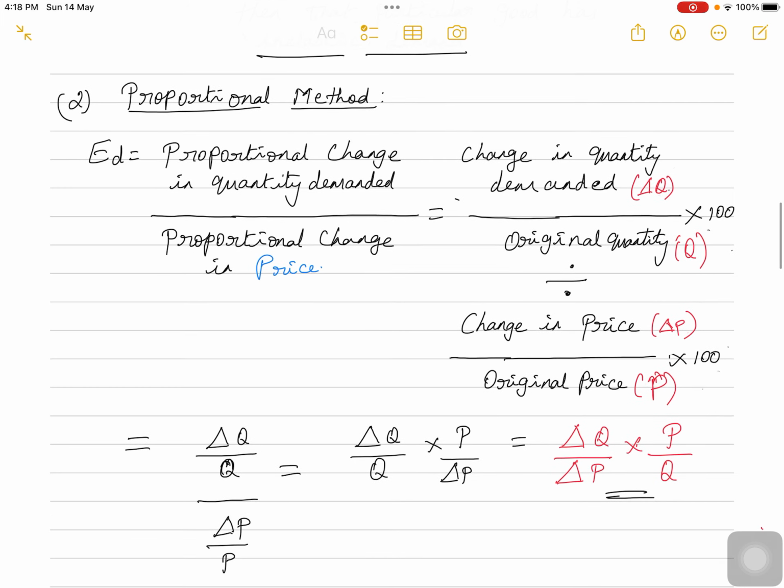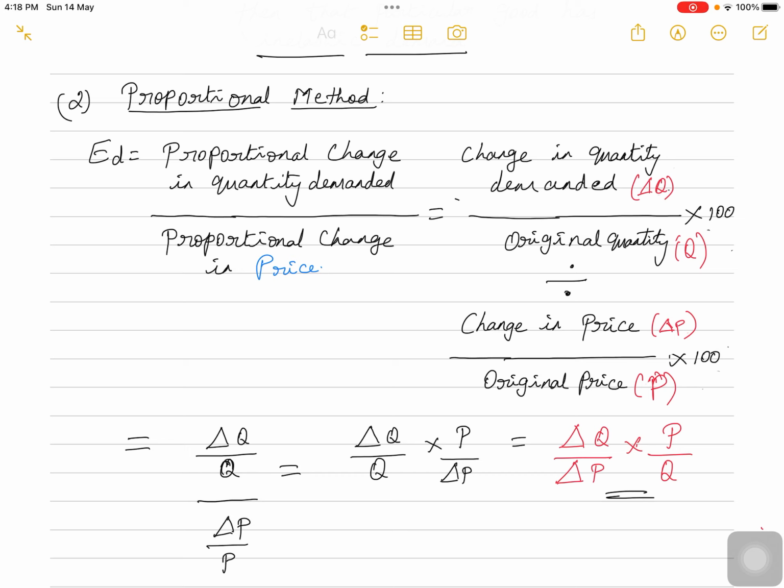At most, you will know what the price of mangoes was two days back and what it is today, and what the demand was two days back and what it is today. So we will have two prices and two demands: old price and new price, old quantity demanded and new quantity demanded. That is the information which is generally available. Based on that, how do you calculate the elasticity of demand? That method is the proportional method.